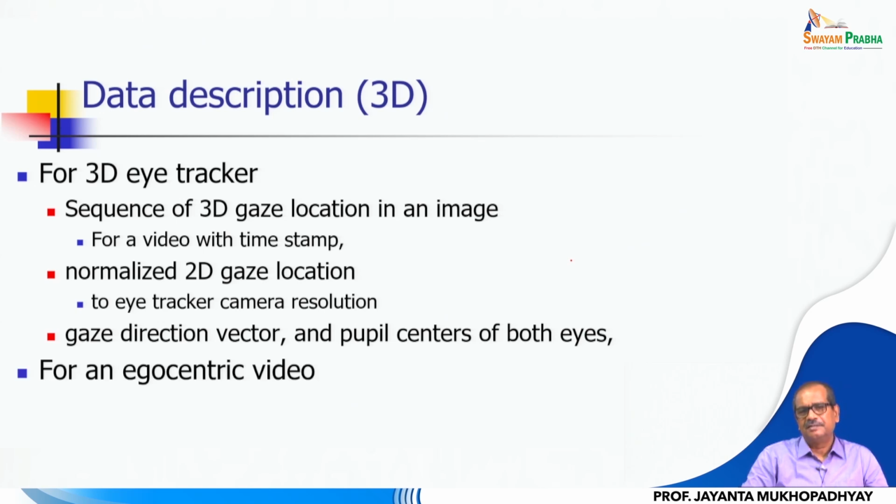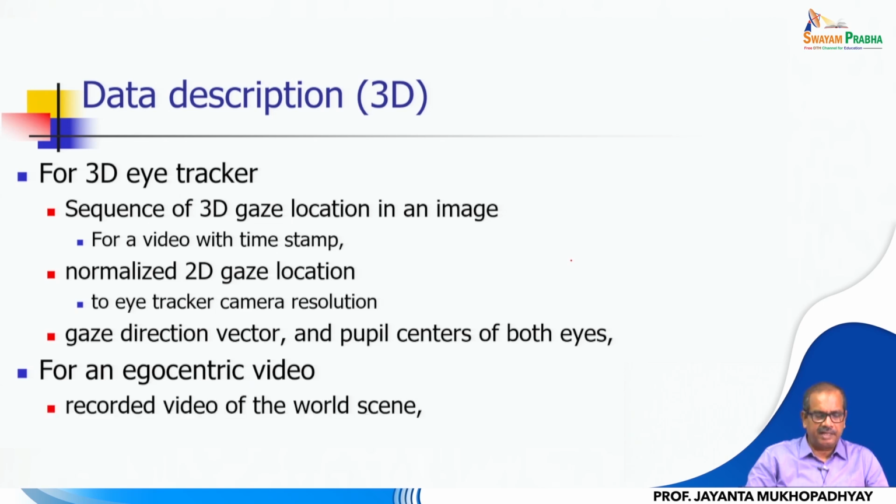So there are now these head-mounted 3D eye trackers, where you can mount or wear a glass eye tracking device, and then you can get this kind of three-dimensional gaze information from the scene and the objects you are looking at in the scene itself. There you get some more information, like a recorded video of the world scene itself.